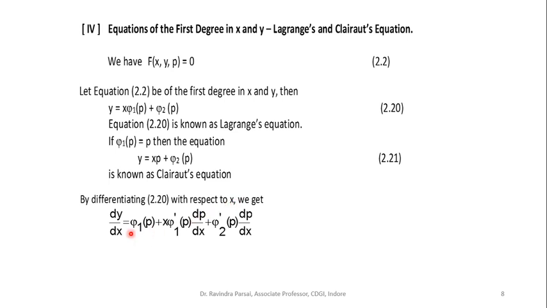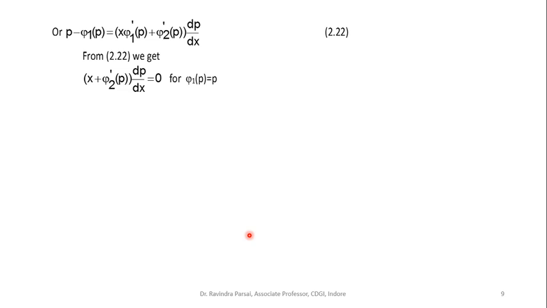On differentiating both sides with respect to x, applying the product rule, we get p equal to phi1 of p plus x phi1 dash of p dp/dx plus phi2 dash of p dp/dx. This can be written as p minus phi1 of p equal to x phi1 dash of p plus phi2 dash of p, times dp/dx.